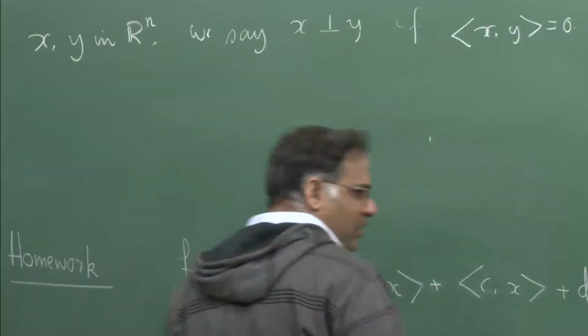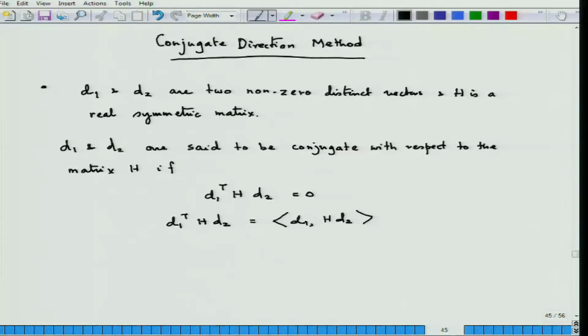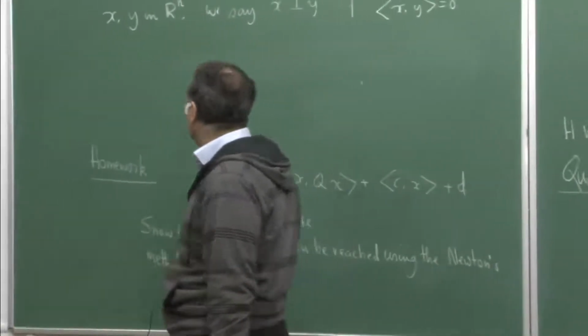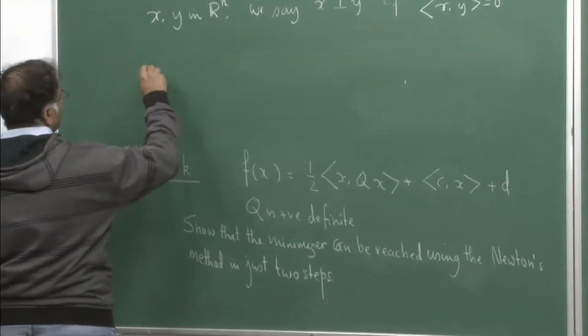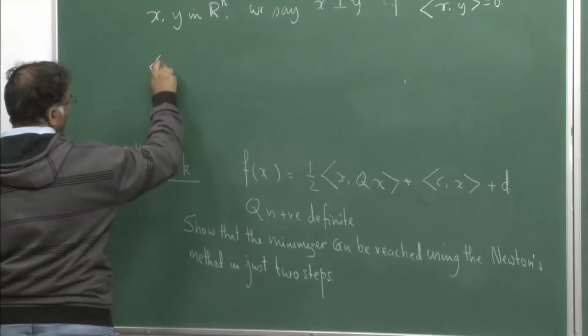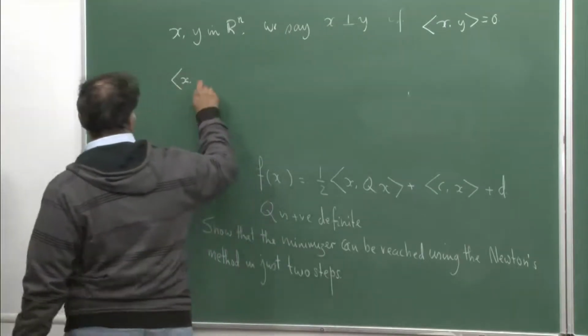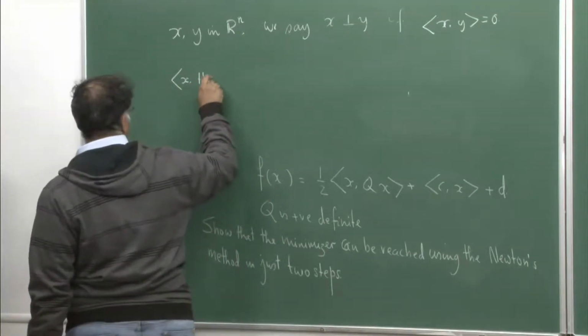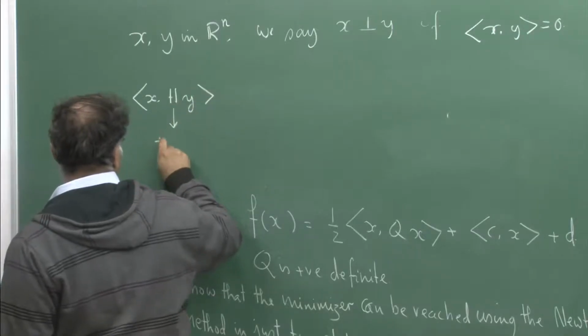Okay. Now, if you look at this definition, it is some sort of perpendicularity. Now, what sort of perpendicularity is it? Let me define, now consider this sort of inner product where H is positive definite.